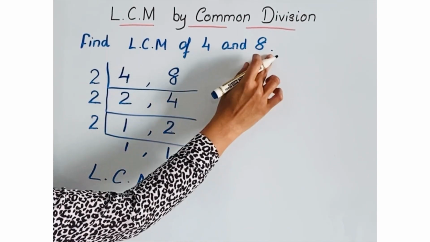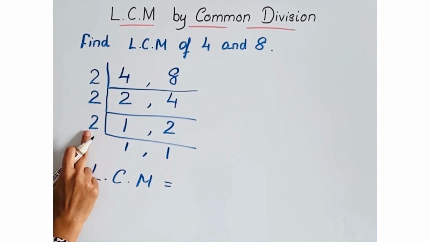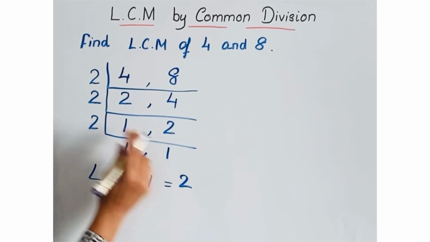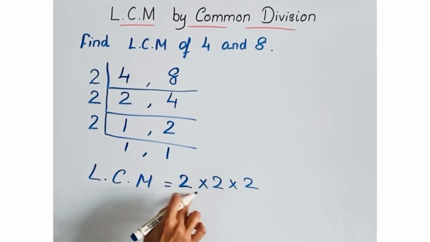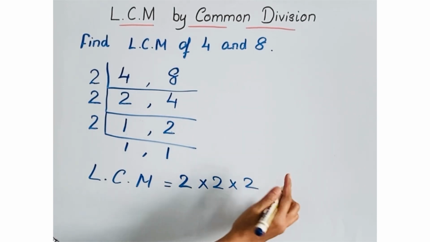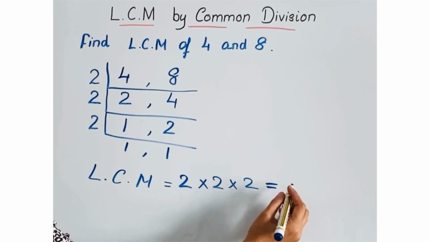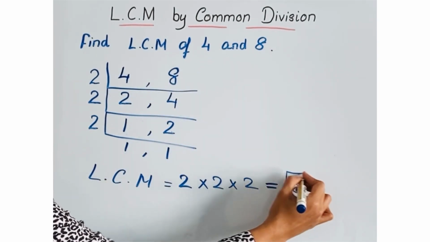To get the LCM, you have to take the numbers which you used to divide. That is, we used 2, 2, 2. So multiply these numbers. 2 multiplied by 2, 4. 4 multiplied by 2, 8. So LCM of 4 and 8 is 8.